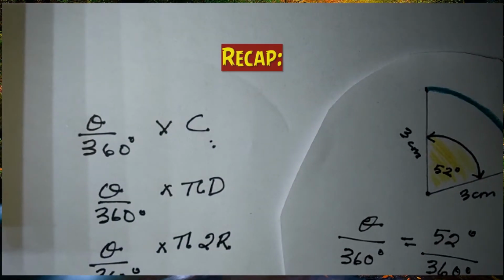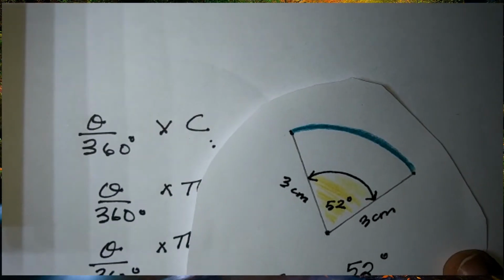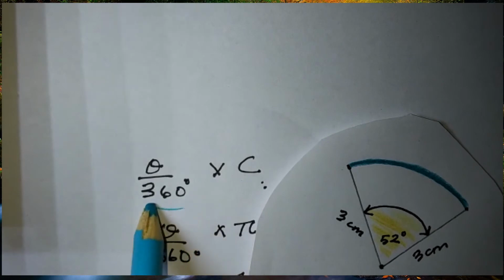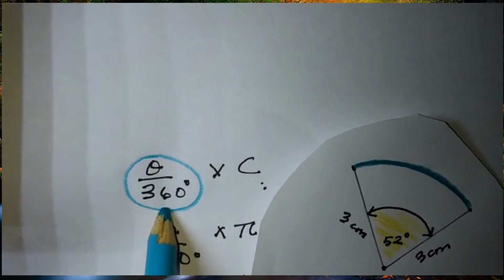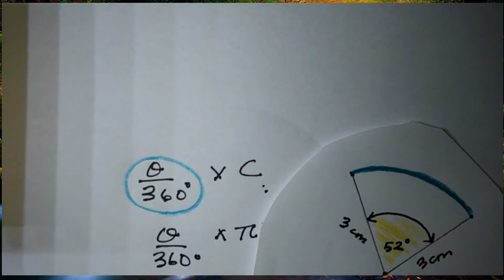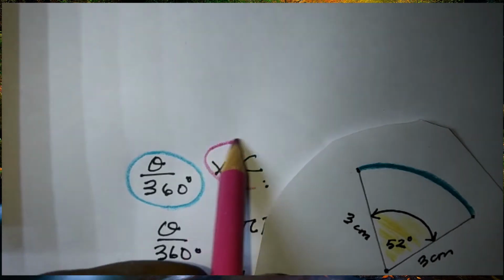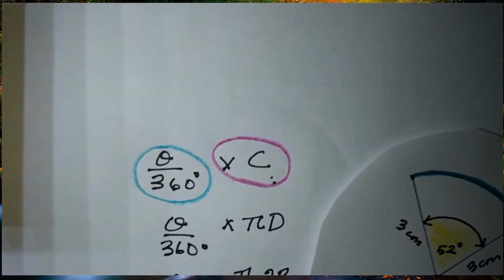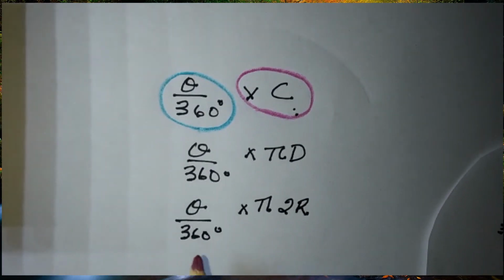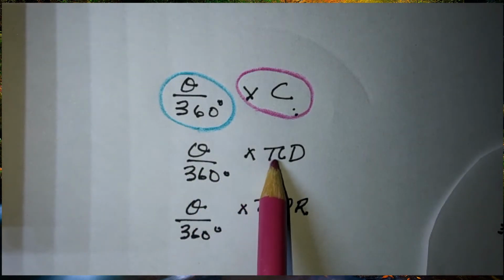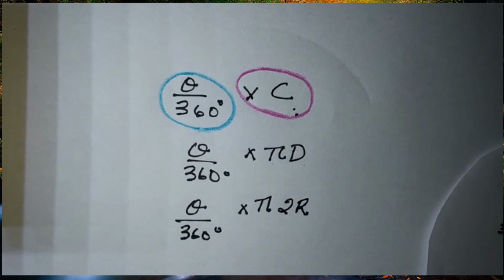So recap. To find the length of this arc, we have to find the fraction of the circle that it represents and multiply it by the circumference of the circle, right? So the fraction of the circle is theta over 360 multiplied by pi d, which is the diameter, or you could choose this formula, theta divided by 360 multiplied by 2 pi r.